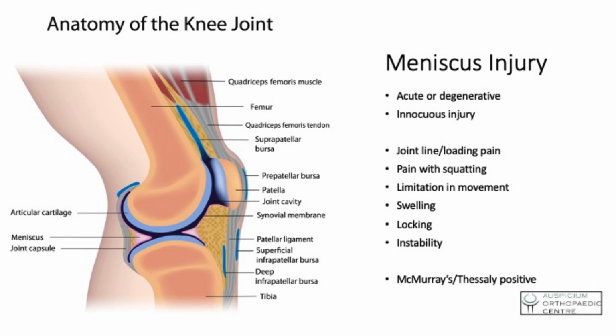Again, it's important to try and really delve down into the history to identify what could have happened and how it's affecting them as well. Assessing them clinically with McMurray's or Thessaly's test can be helpful in identifying which side of the meniscus has been injured and the degree. If there is inability to flex and extend the knee, it could be a much more profound meniscal tear than otherwise.